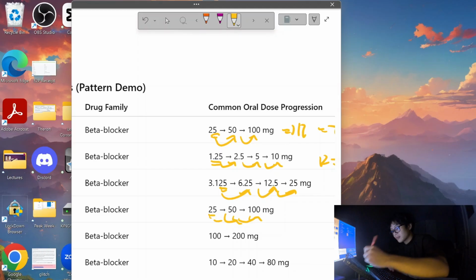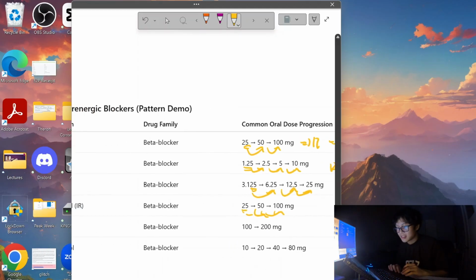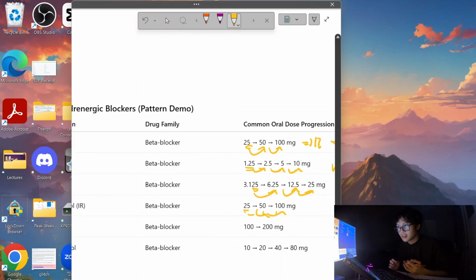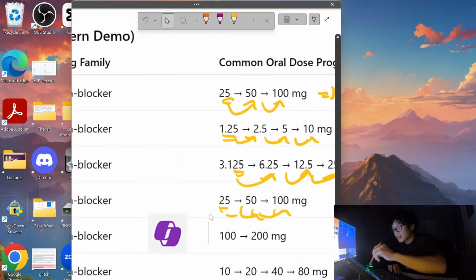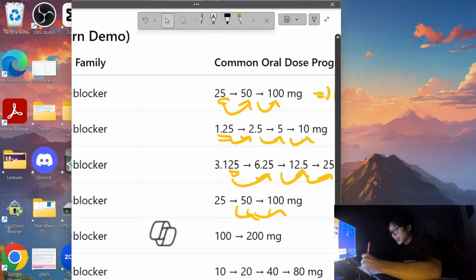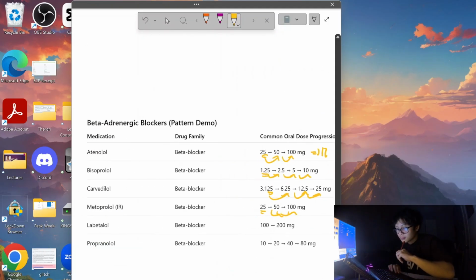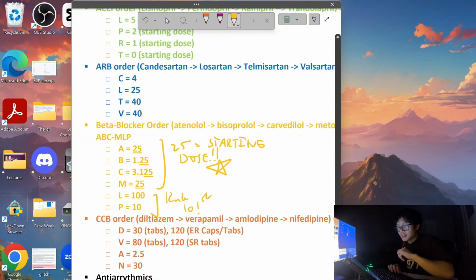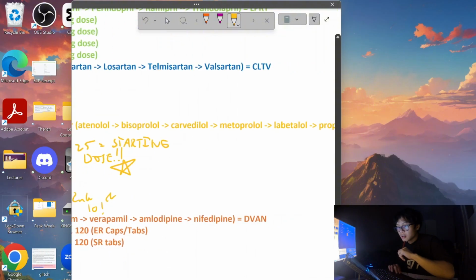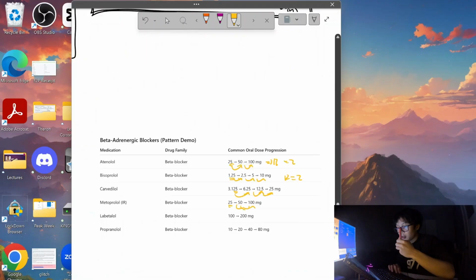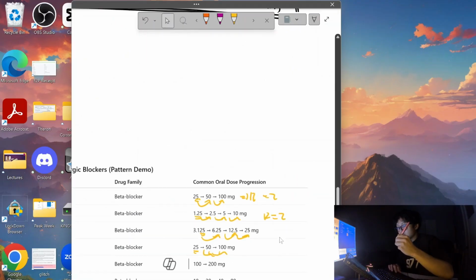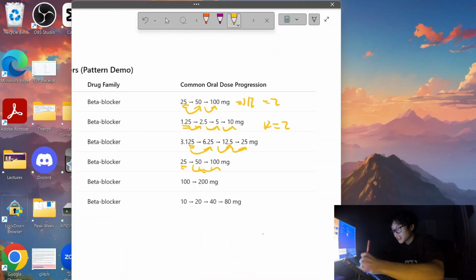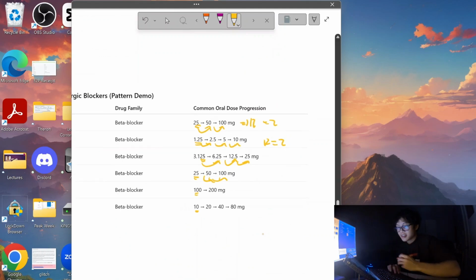It's just a mnemonic. It doesn't necessarily have any logic to it. It's just that this was what helped stick in my head when I had the exam. Okay, so I used that, and then I also noticed that only labetalol and propranolol had doses containing the number 10 as the starting dose.